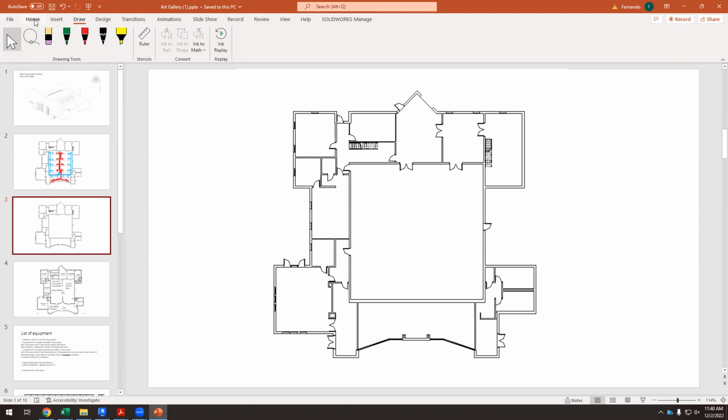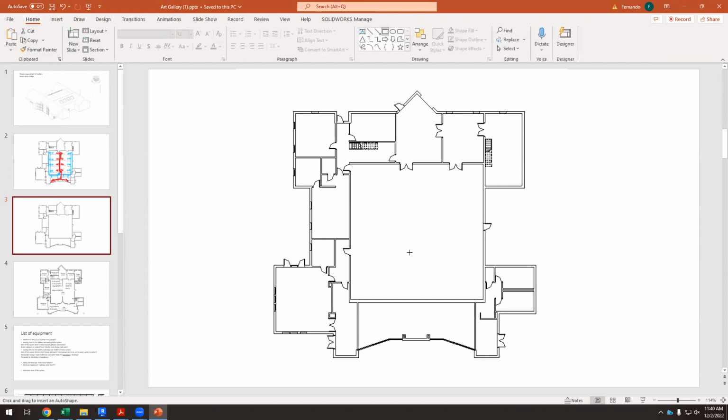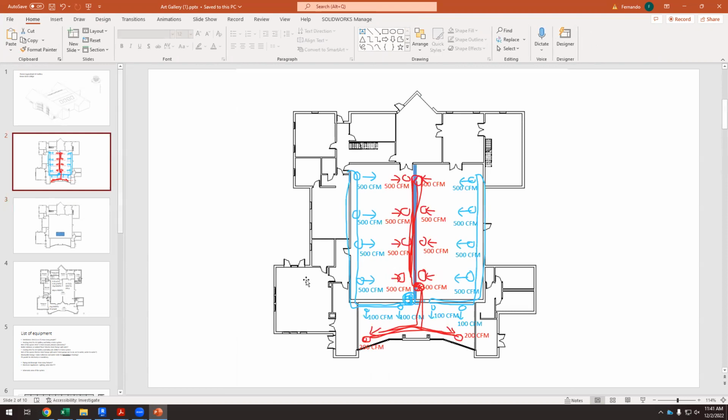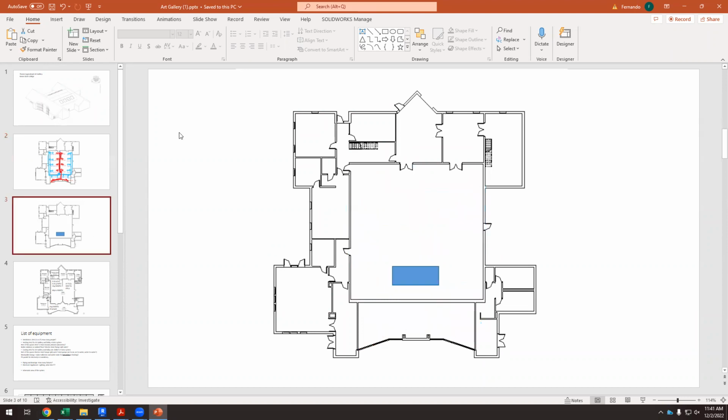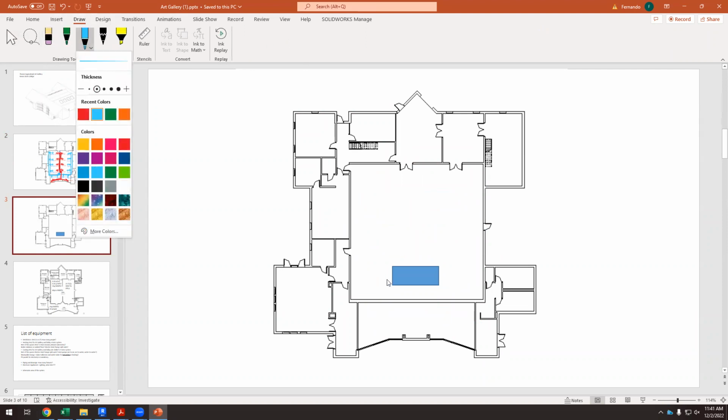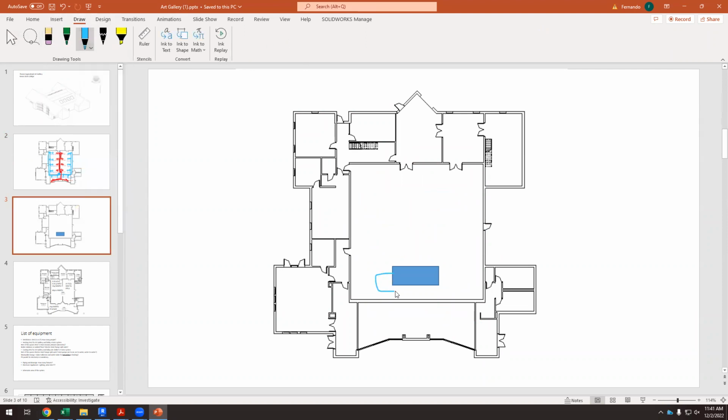Okay, if I place the air handling unit, the main air handling unit here, and I have the shafts for the return and the supply there, so I can have the supply in this direction.